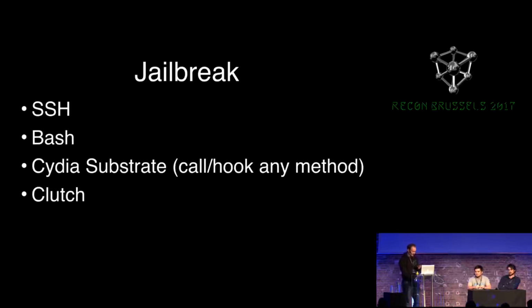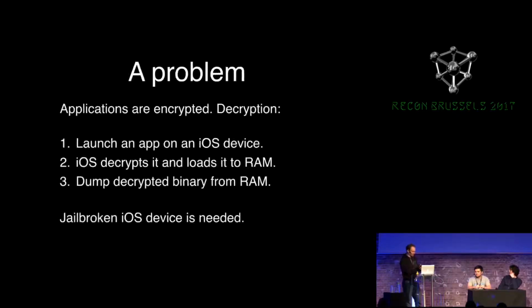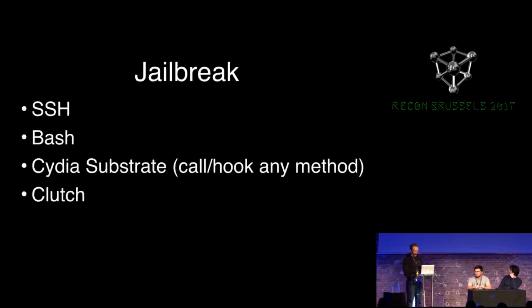What is more, there is a code injection platform called Cydia Substrate, and it provides an API to call any method from the runtime of any running iOS application, and also allows us to hook any such method and change its implementation. And finally, there's Clutch, an out-of-the-box tool to decrypt and dump iOS applications.